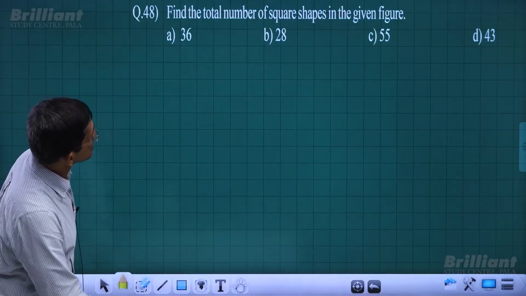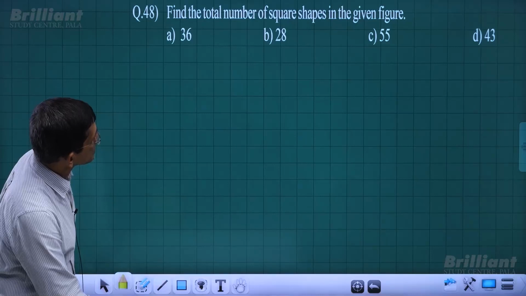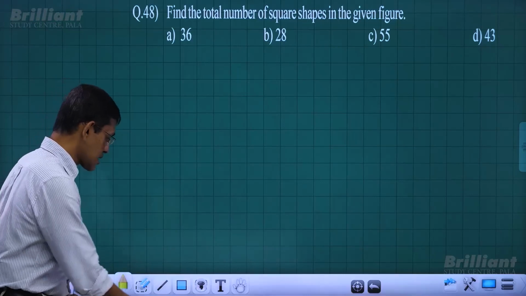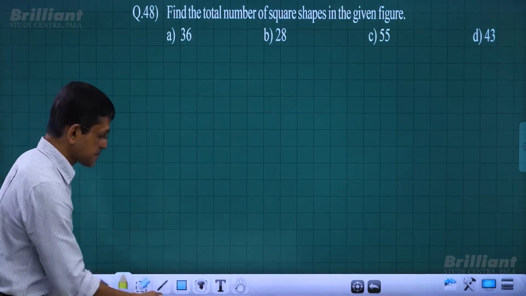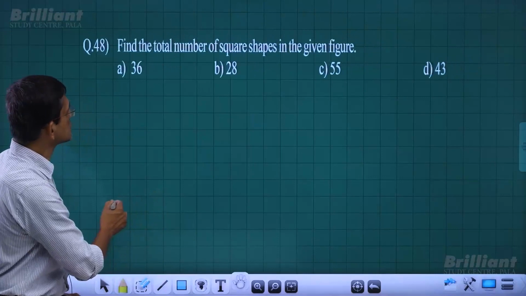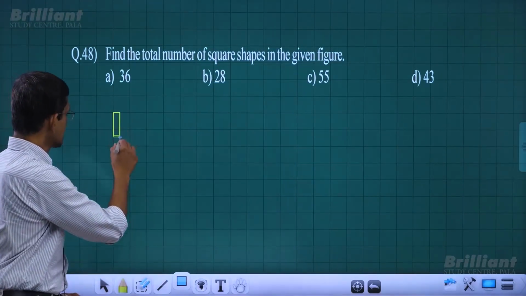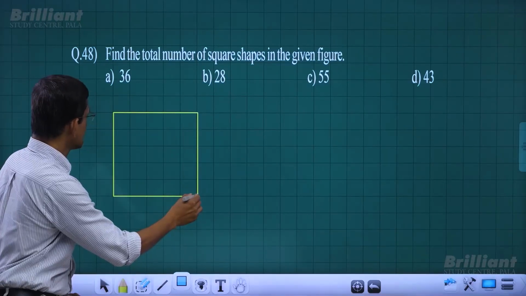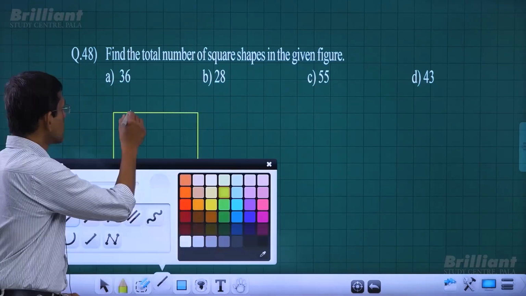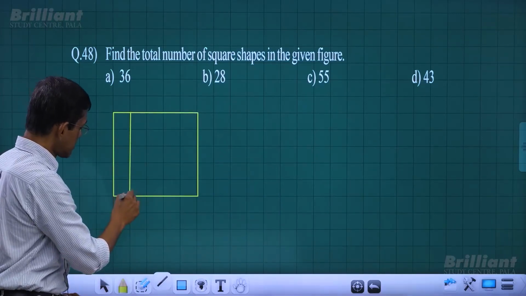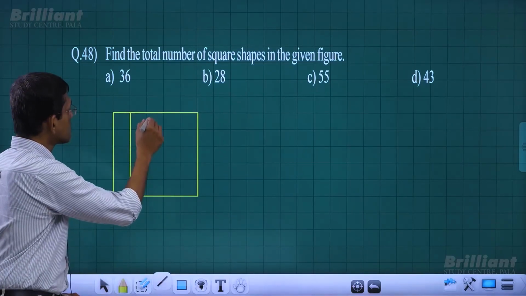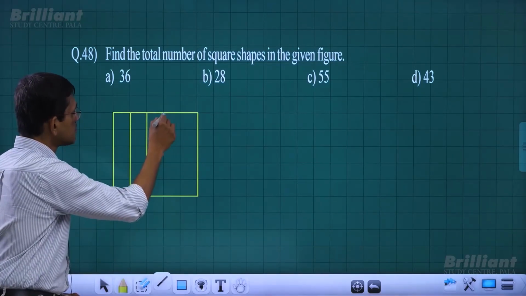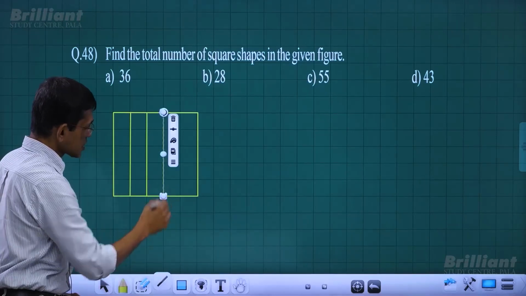Alright, find the total number of square shapes in the given figure. So where is the given figure? Okay, so let's make that figure. The given figure is missing. So this is a square.